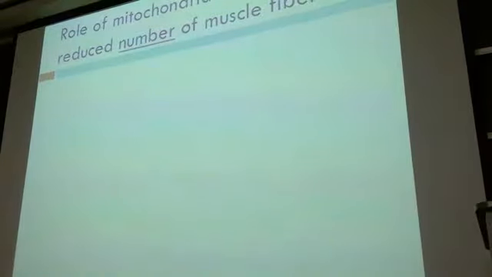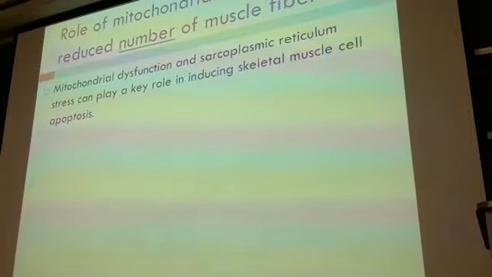Of course, this is where ATP is generated. Higher mitochondria content, as I mentioned, is in the type 1 fibers, where there's more dependence on oxidative phosphorylation and burning of fat in particular.